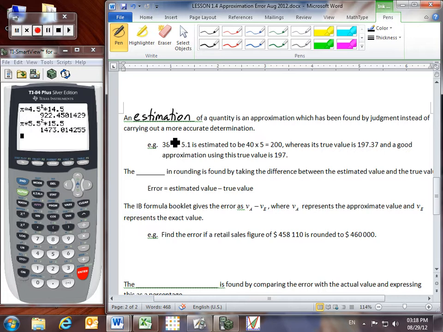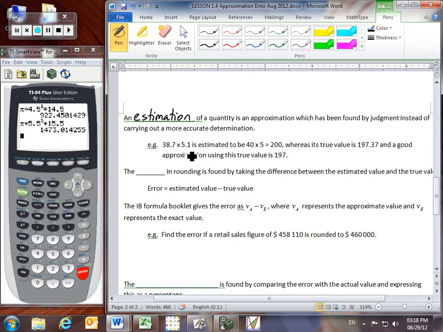38.7, well, that's pretty close to 40. And 5.1, well, that's pretty close to 5. This is much too difficult for me to do in my head. But 40 times 5 is very easy to do in my head. And so I've deliberately, using my judgment, rounded these values to 2 close numbers that are easy for me to multiply.